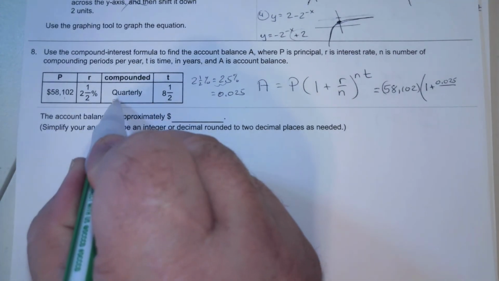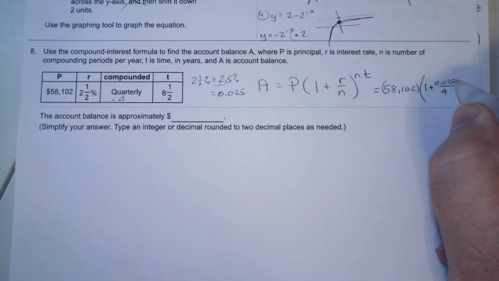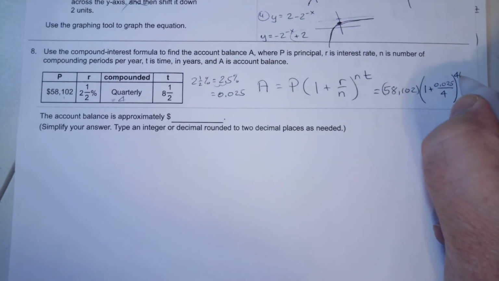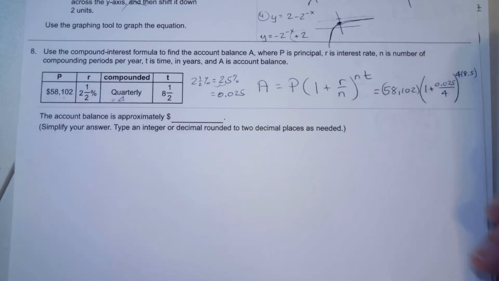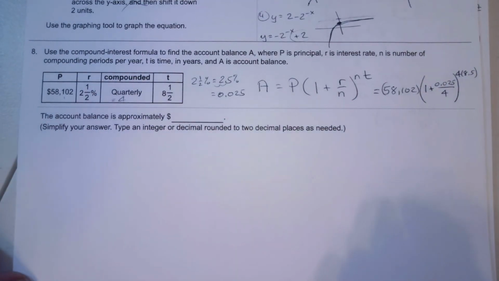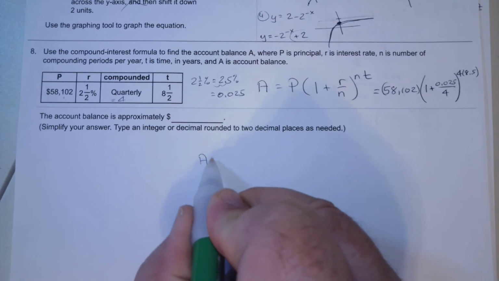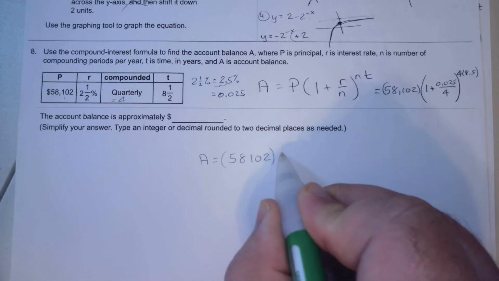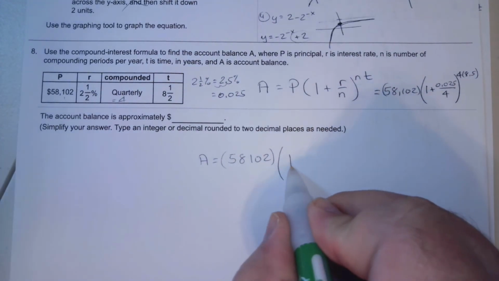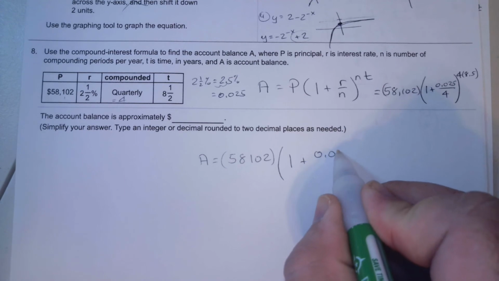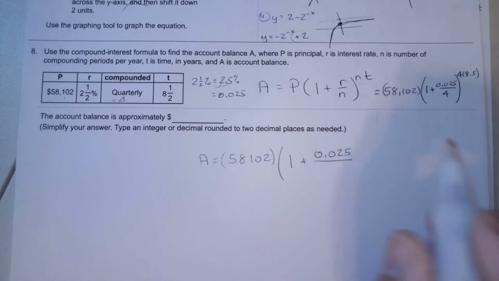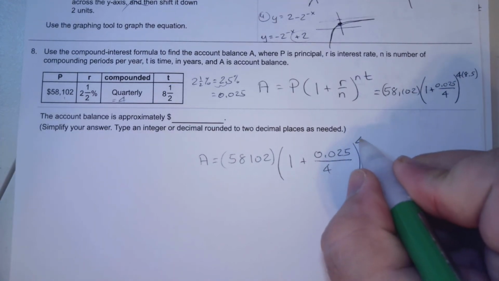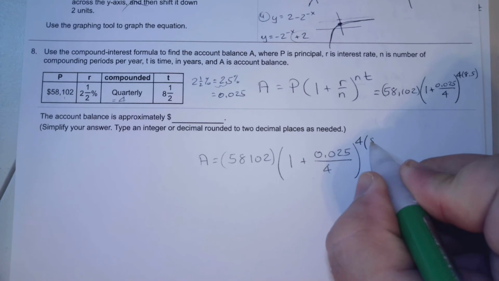Quarterly. Since that's quarterly, it's 4. So we have 4 times 8.5. So we have $58,102 times 1 plus 0.025 over 4, to the 4 times 8.5.